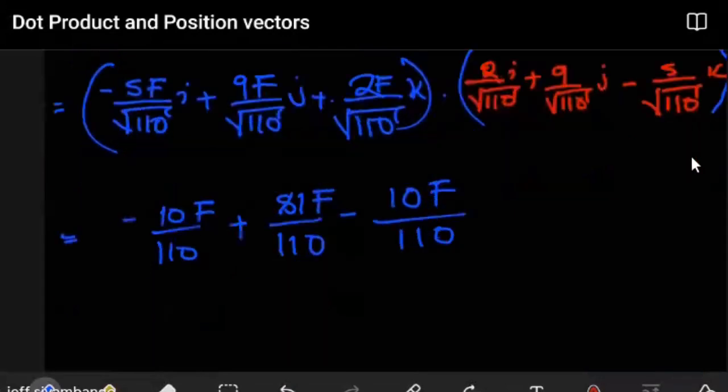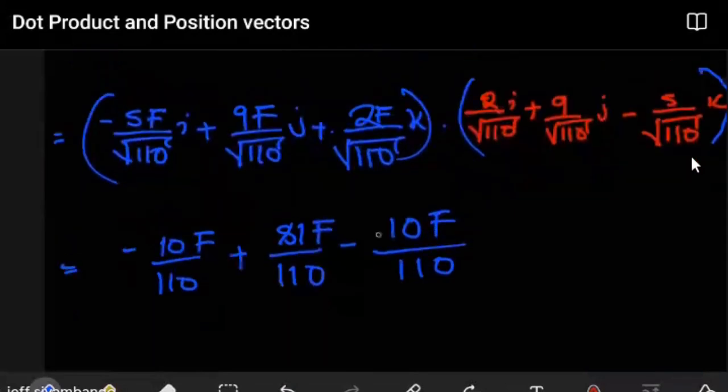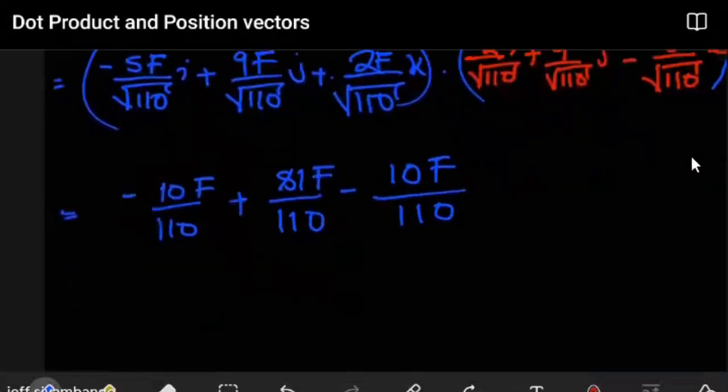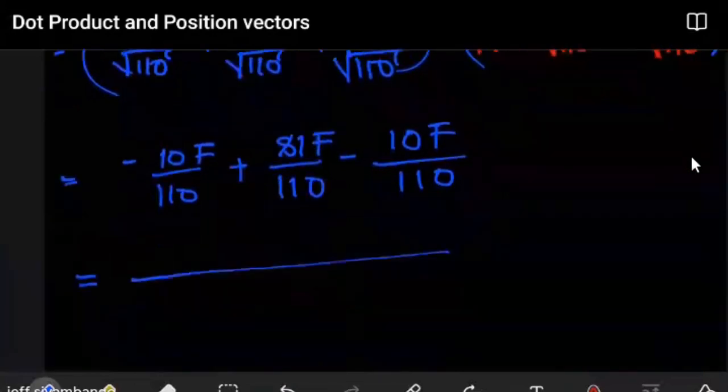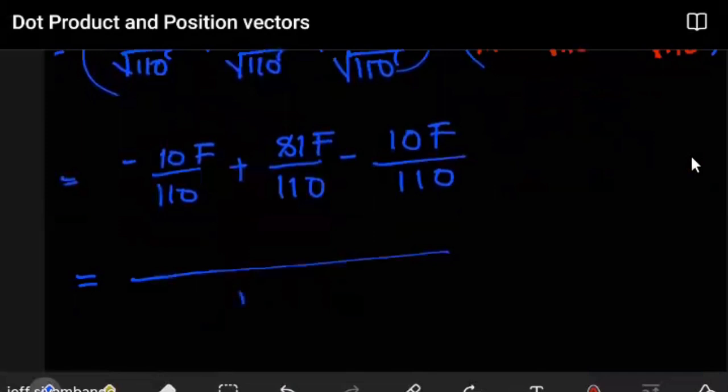So when you look at this, we can easily simplify this into just one term. For starters, these are like terms, but you can still just go right ahead and say it's over the same denominator. So get that denominator and just add the numerators.